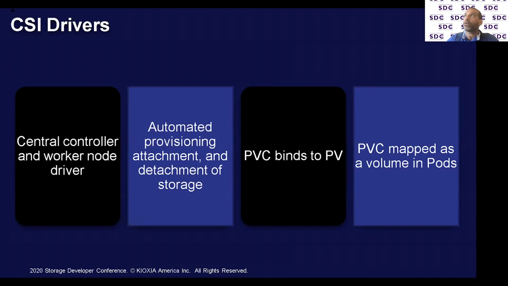From an analogy perspective, you can think about it as a VM, which is basically a self-contained entity to run a set of applications. In this case, applications run in containers, so a pod is a set of containers.